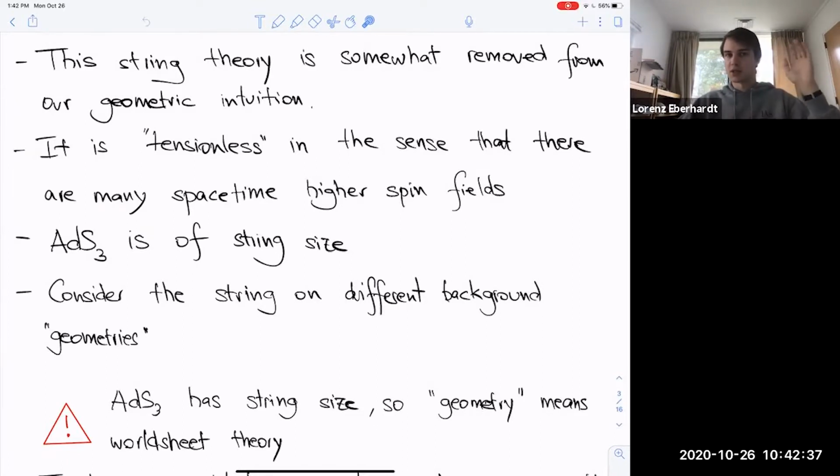The price is that the string theory is perhaps a bit removed from our everyday intuition. In particular, it's tensionless. In one sense, it's tensionless because you put exactly one unit of background flux. Usually you're used to thinking about supergravity where you have some large number of background flux, and then you put some strings on top of this. If you have large flux, then the geometry is big, so the string length is very small compared to the AdS radius.